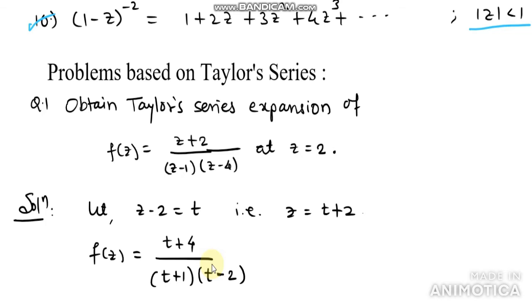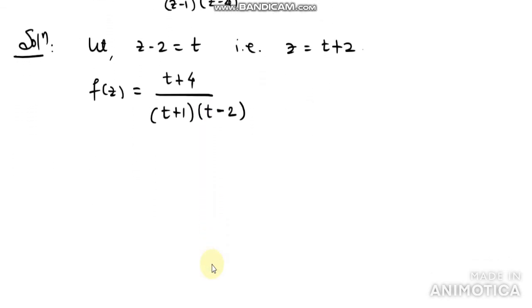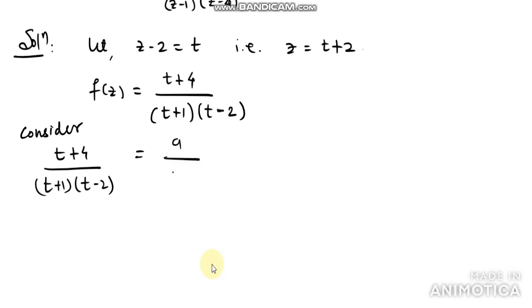So now let me use the partial fraction method here. Consider t plus 4 divided by t plus 1 into t minus 2 is equal to a upon t plus 1 plus b upon t minus 2.